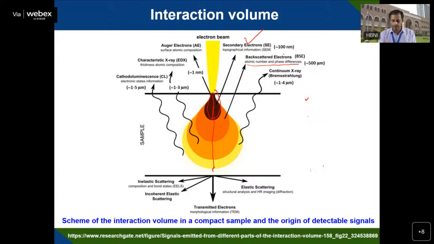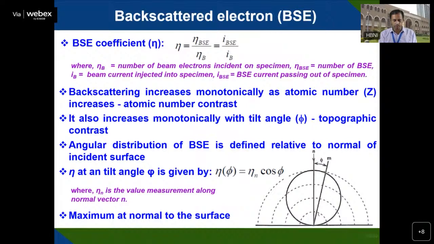The secondary electrons and backscattered electrons are used in scanning electron microscopy, and the transmitted electrons coming out are used in transmission electron microscopy. Or when the electron beam's energy decreases during the interaction, you get electron energy loss spectroscopy, different diffraction phenomena, composition analysis using EDAX, or electron spectroscopy. We will discuss these individually when we come to the lecture.